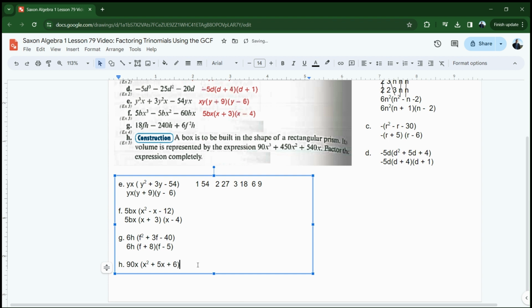So this is going to be, again, 90x comes along for the ride. x plus something, and x plus something again. That's going to be easy. What are the factors of 6 that add up to 5? It's going to be 1 and 6 or 2 and 3. 2 and 3 add up to 5. That's the factored final expression.